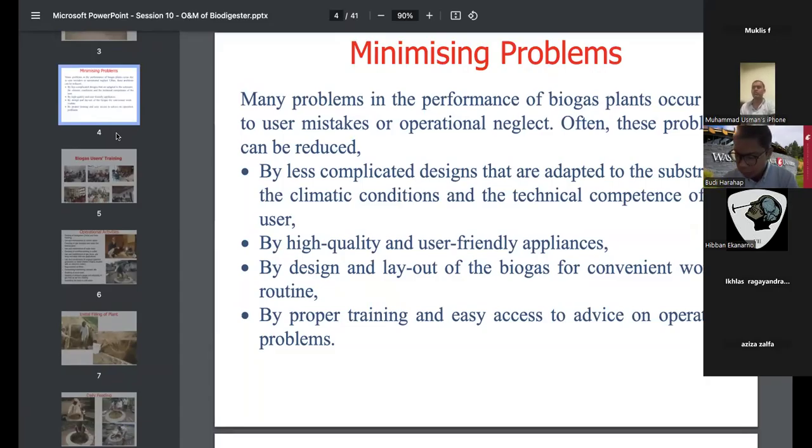Many problems in the performance of biogas plants can be overcome. How can they be overcome? We can make a less complicated design of the biogas plant. We can make high quality, user friendly technologies by design and layout of biogas plants for convenient work, by proper training and easy access to the device, and for operational problems.